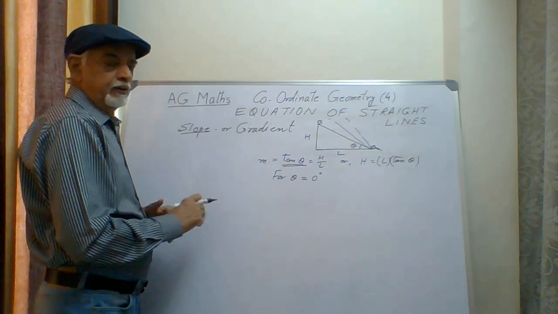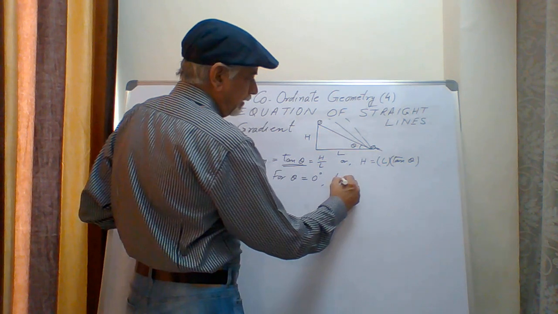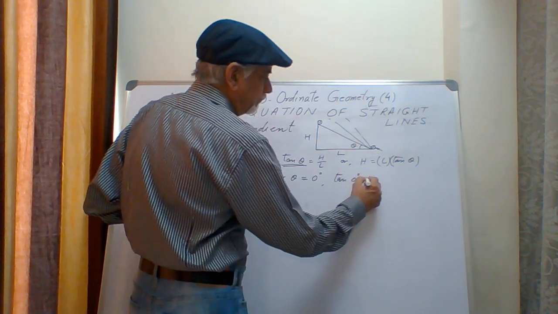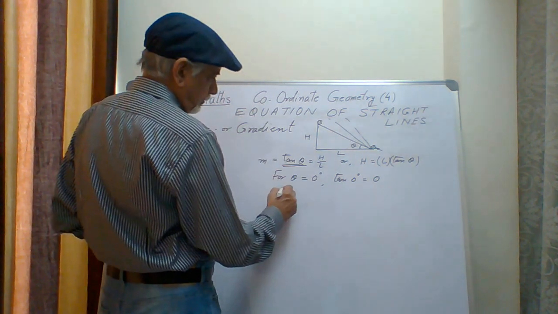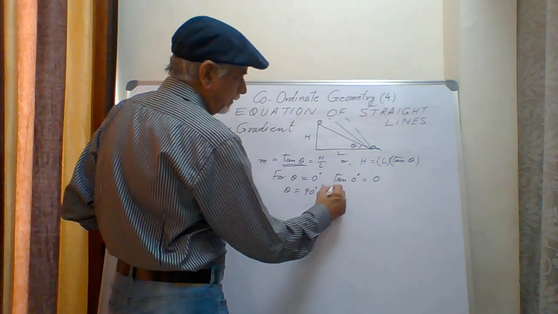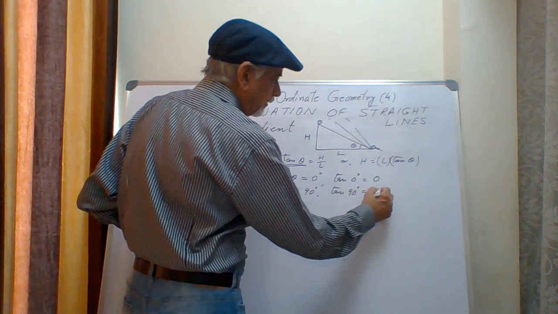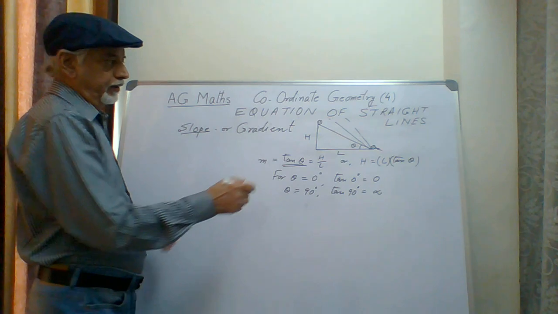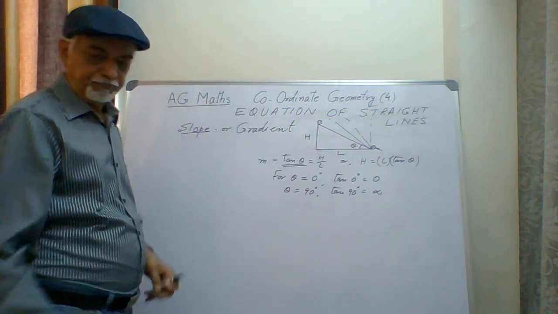It will be just a horizontal line, and tan of that 0 degree, as per trigonometry, the value is 0. If theta is becoming 90 degree, then tan of 90 degree will become infinite, very high. So it will become a vertical line, 90 degree.